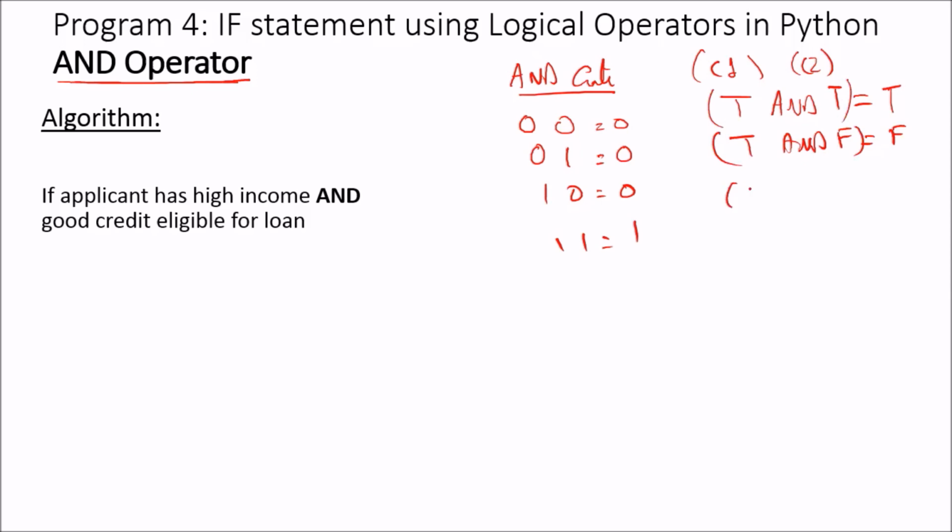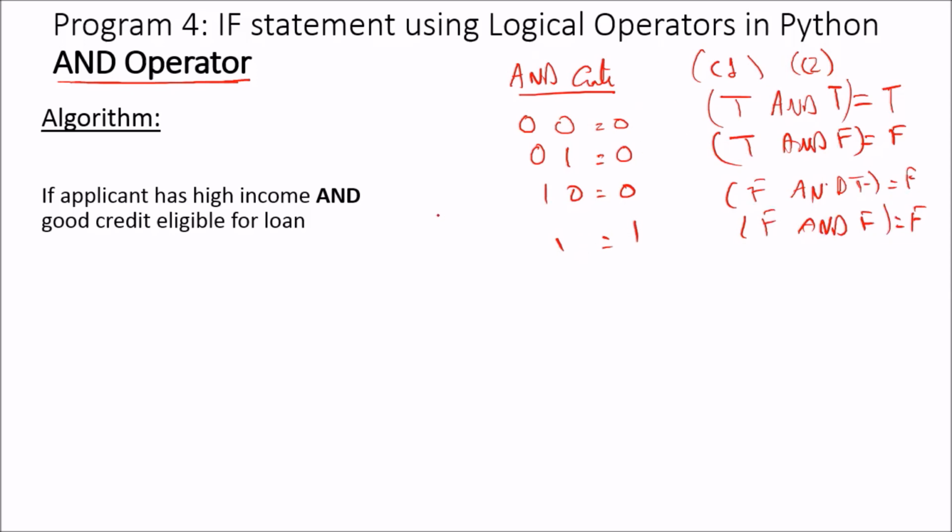So either one becomes false, your overall condition will become false, right? So both conditions need to be true if you are working with the AND operator, right?